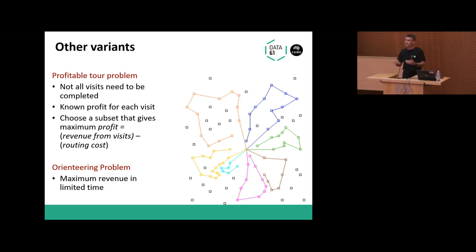You get to choose which ones you're going to visit, and you're going to do that on the basis of the profitability. So the total value of all the customers I visit, less the cost of actually visiting them, is the solution I'm after. And the orienteering problem is simply to maximise the revenue that I can collect in a given amount of time.